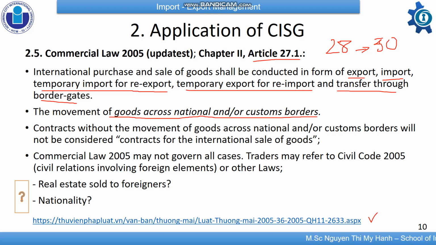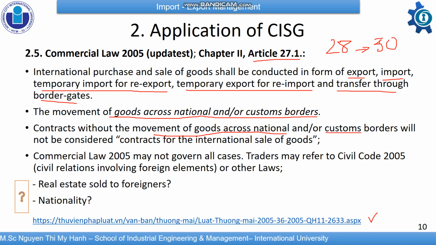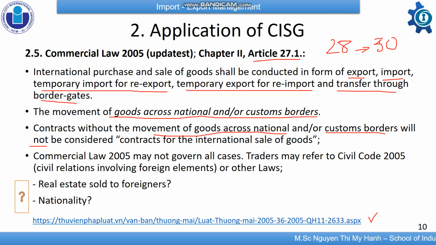So the contracts without the movement of goods across the national or the custom borders will not be considered as a contract for international sale of goods. So CISG here is only conducted when there is a movement of goods across the national or the custom borders.